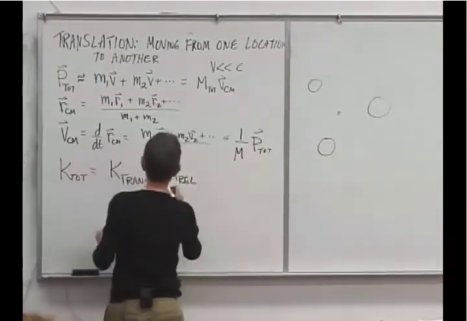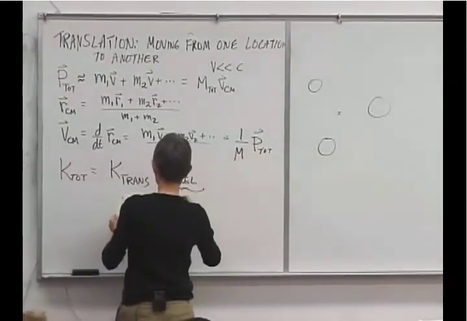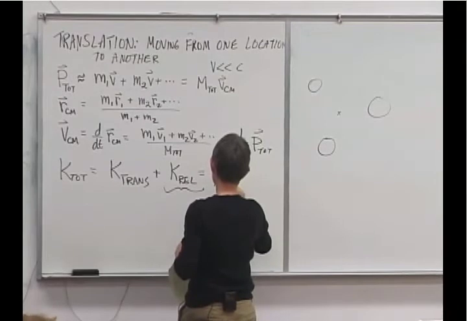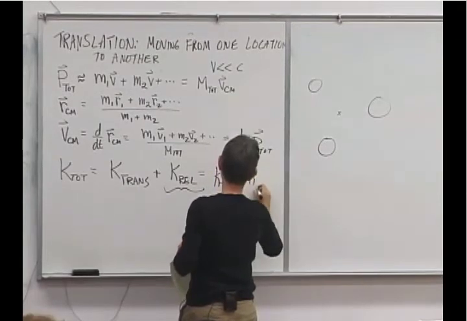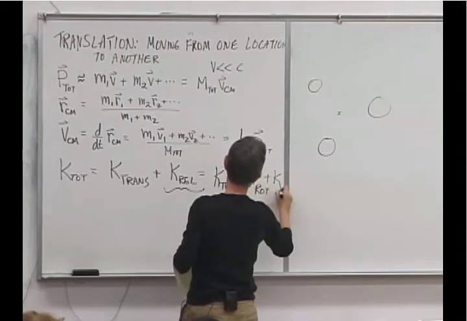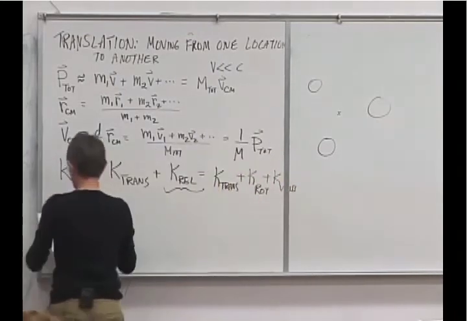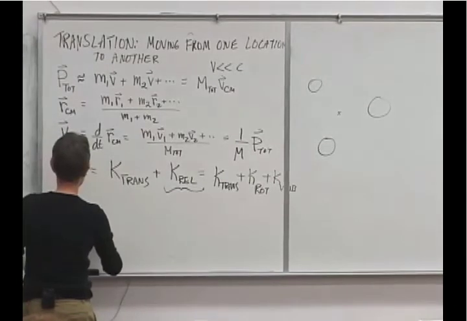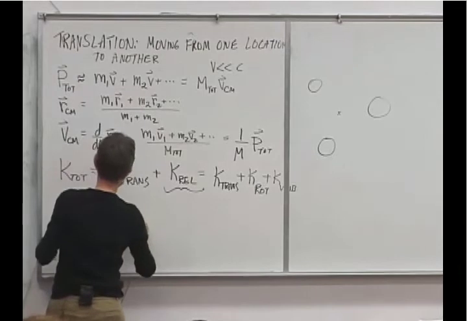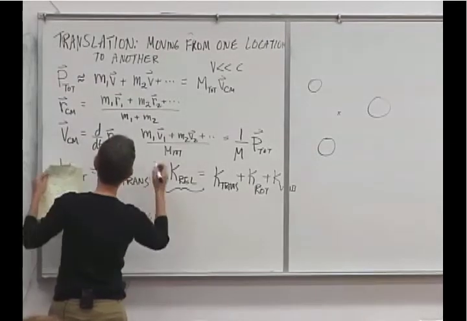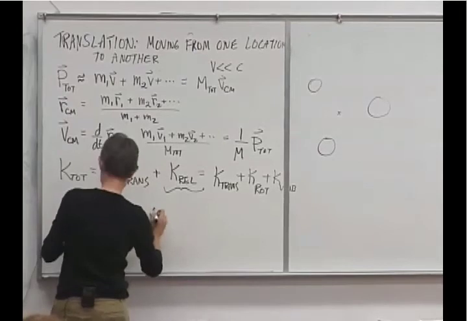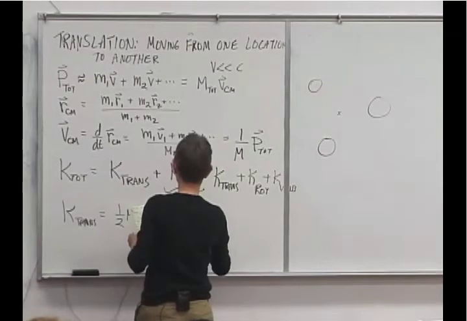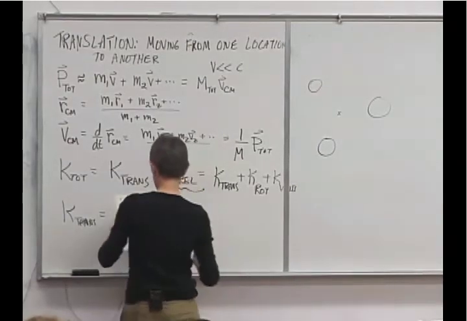So we can write this as K translation plus K rotation plus K vibration. And the translational kinetic energy is just one half M total times the speed of the center of mass squared, or if you like, the magnitude of the total momentum squared over 2 times the total mass.